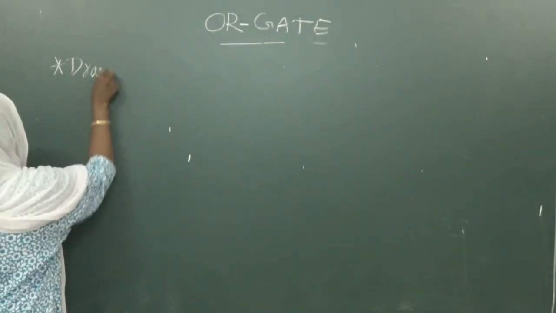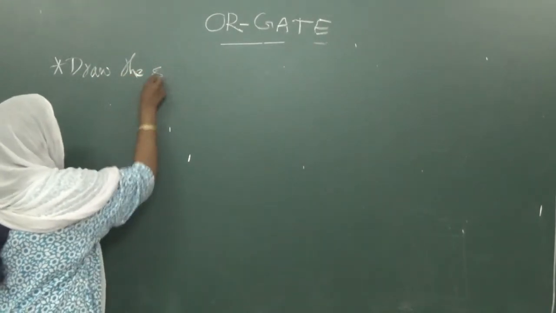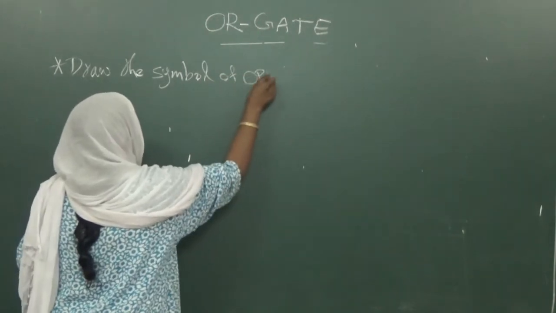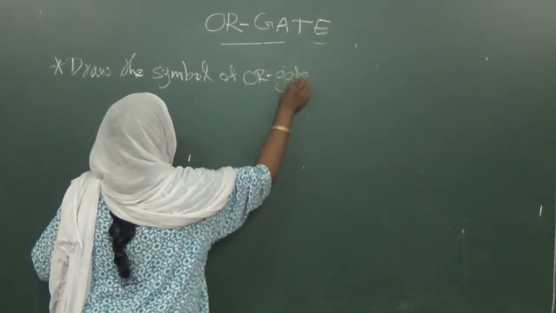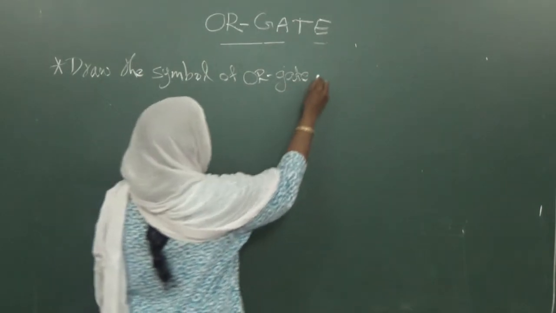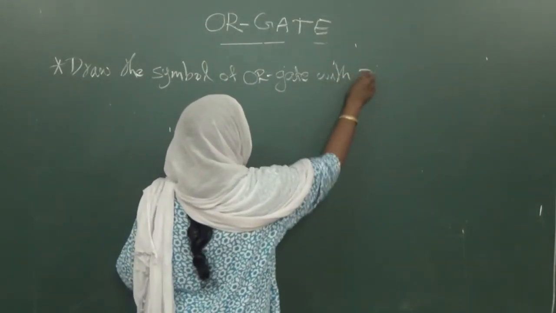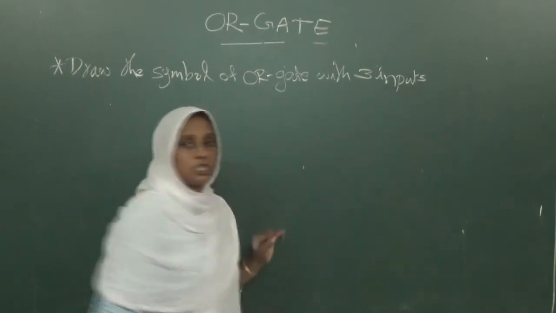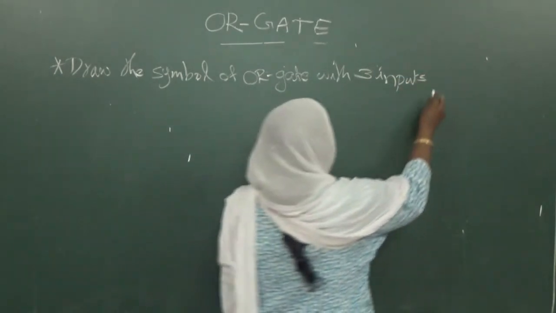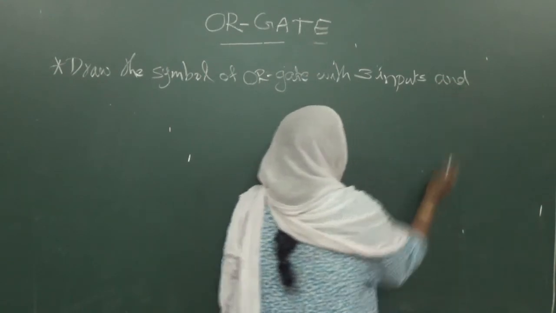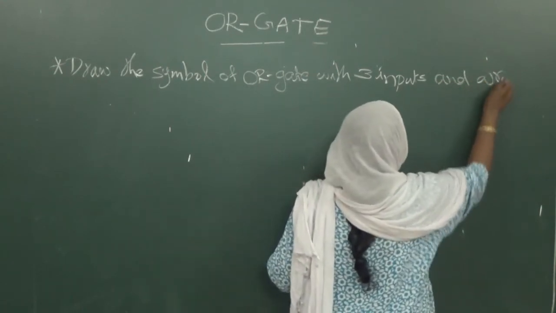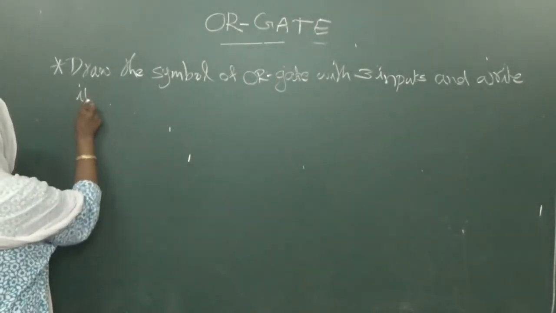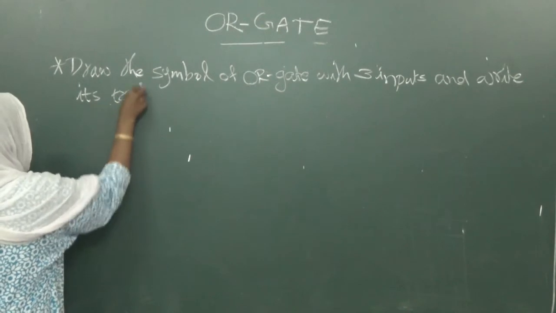Draw the symbol of OR gate with three inputs and write its truth table.